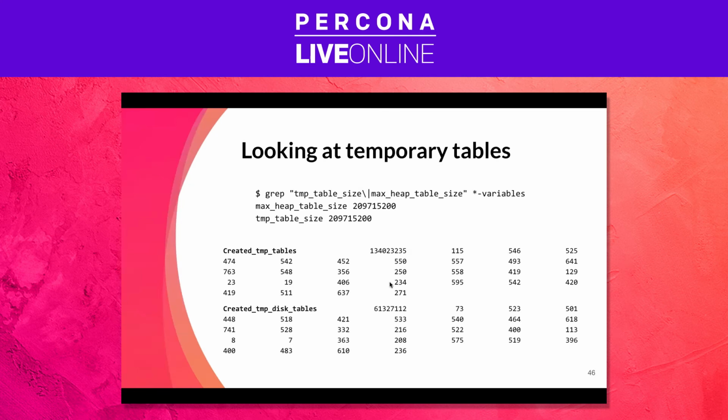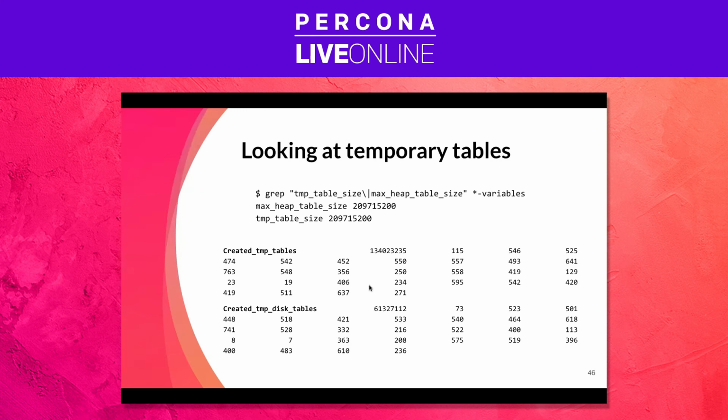And here we see almost the same numbers. So either the tables are all being created bigger than this threshold and being moved to disk, or they are a particular kind of temporary table or from an implicit operation that can only be created on disk. But yeah, here's what I wanted to mention with this: how much memory can be used for temporary tables.